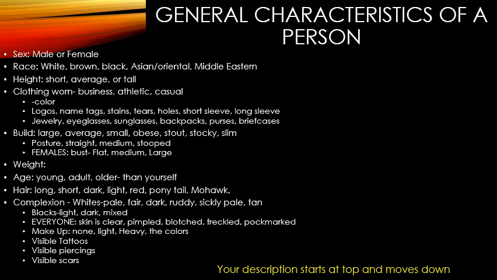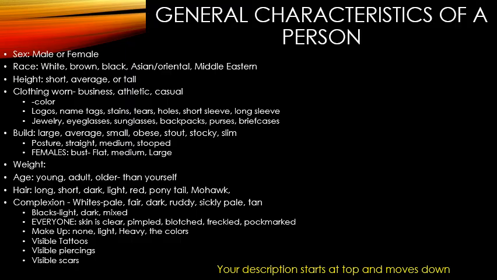Build, large, average, small, obese, stout, stocky, slim. Posture, straight, medium, stooped. Females, bust, flat, medium, large. Your weight. Age, young, adult, older than yourself. Hair, long, short, dark, light, red, ponytail, mohawk, etc. Complexion, white, pale, fair, dark, ruddy, sickly pale, tan.